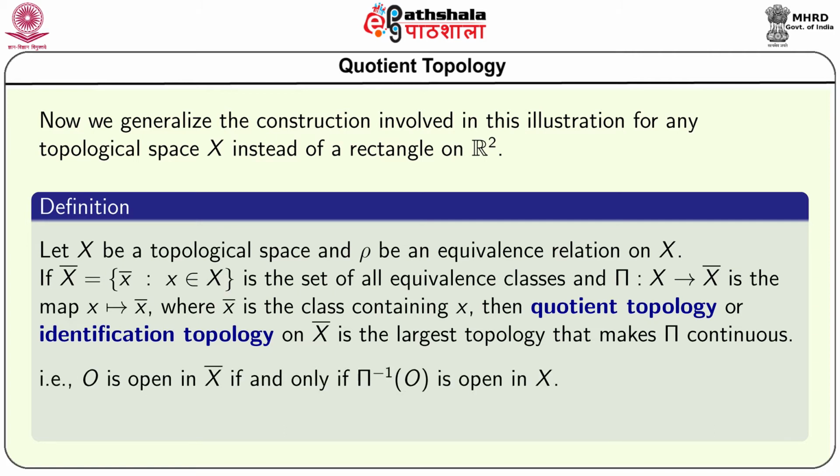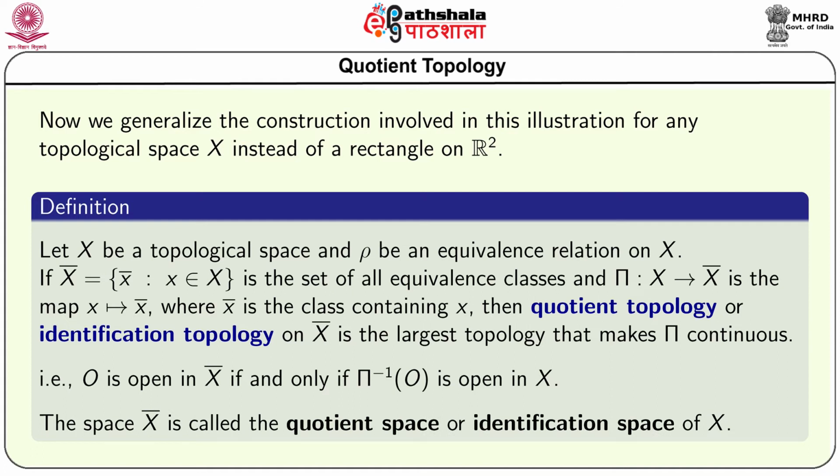That is, any set O is open in the quotient if and only if pi inverse of O is open in X. The space is then called quotient space or identification space of capital X.